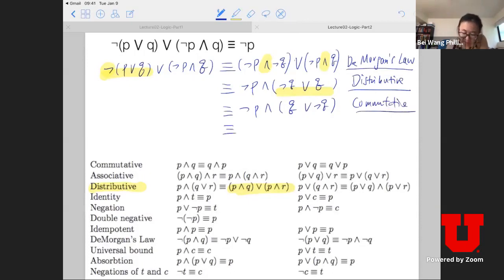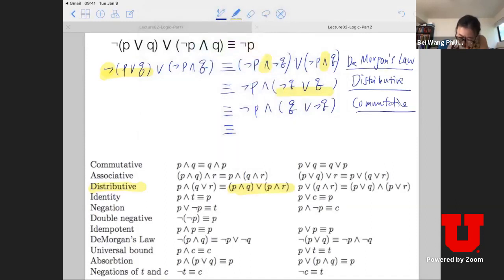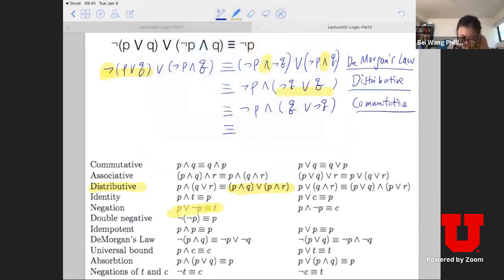Now I have the form Q, not Q. This looks like Q or not Q. This is going to be the negation rule right here. Now I have applied the negation rule.